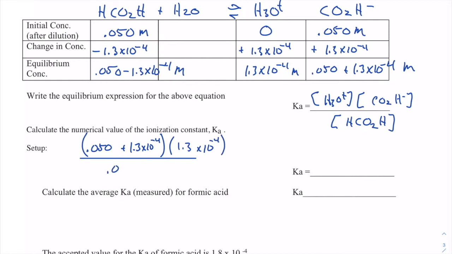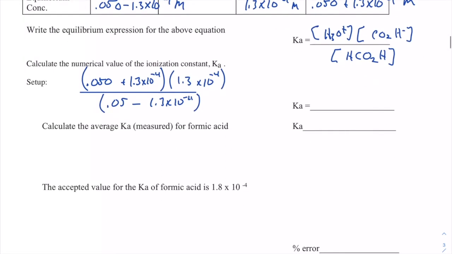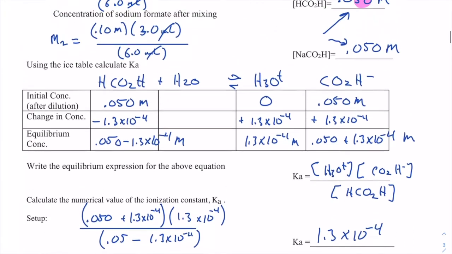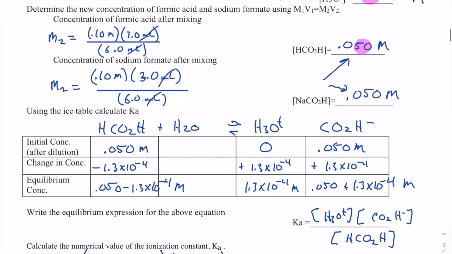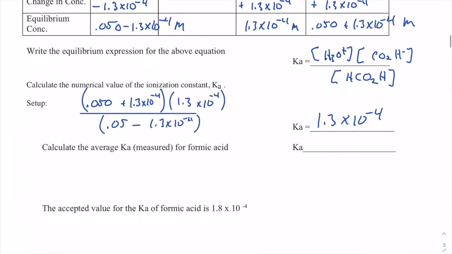It's going to turn out to not make a difference, but sometimes it does. Okay, and our Ka turns out to be 1.3 times 10 to the minus 4th. And a note to self, it's the exact same as the hydronium in this case, and there's a reason for that.